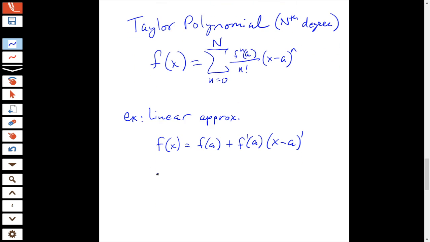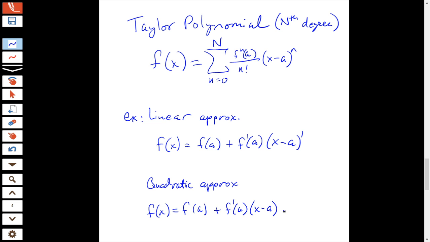If we did a quadratic approximation, that would be f of a, not f prime of a, excuse me. So that's f of a plus f prime of a, x minus a, plus f double prime of a over 2 x minus a squared, and so on. So that would be a quadratic approximation.